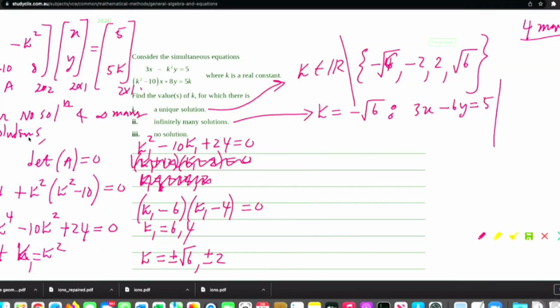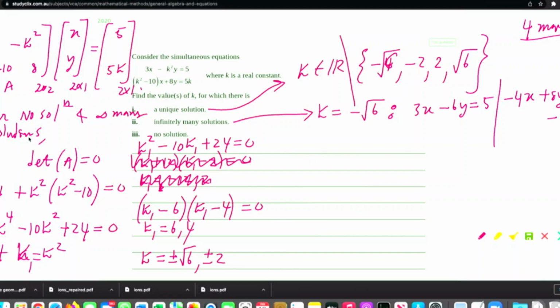Here you get minus 4x plus 8y is equal to minus 5 root 6, since I'm putting in minus root 6.